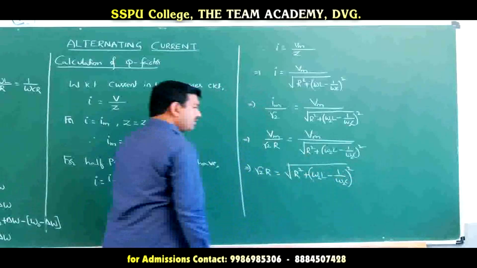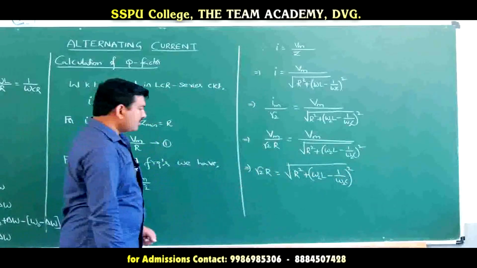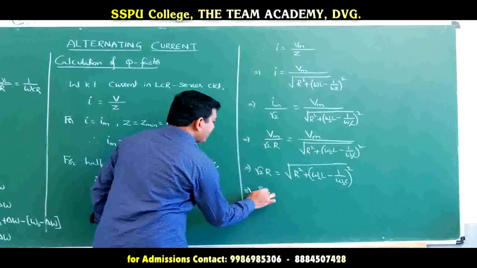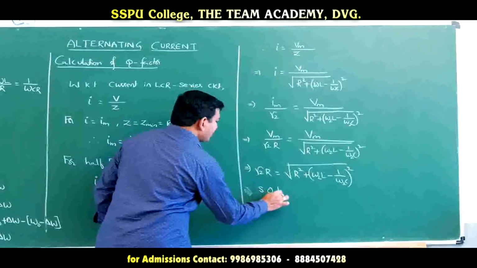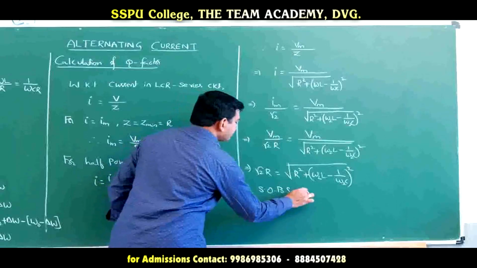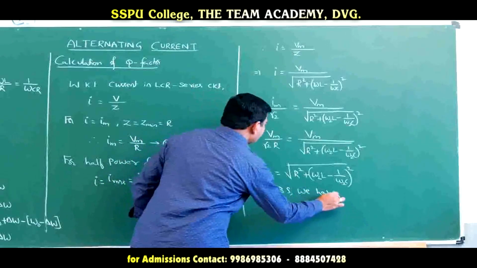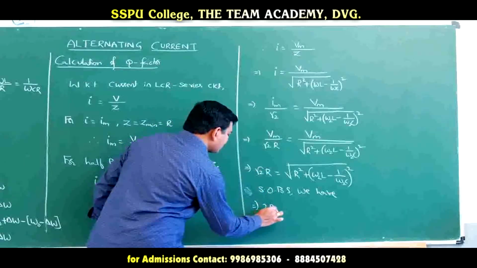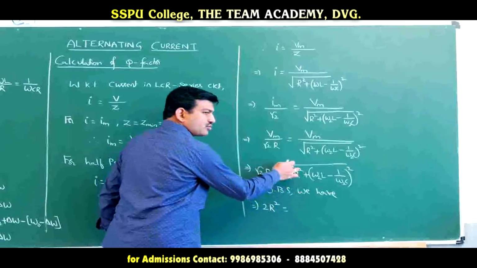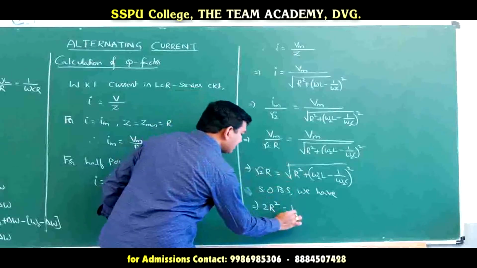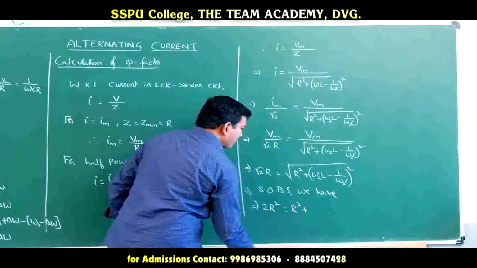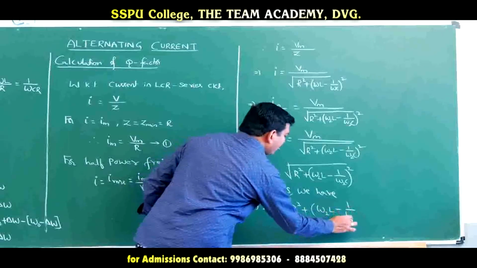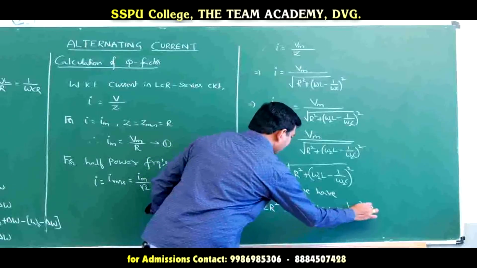Now squaring on both sides, what happens? Squaring on both sides, we have squaring this term, root 2R whole square is 2R square is equal to squaring this, root and square will cancel, R square plus omega 2L minus 1 by omega 2C whole square.